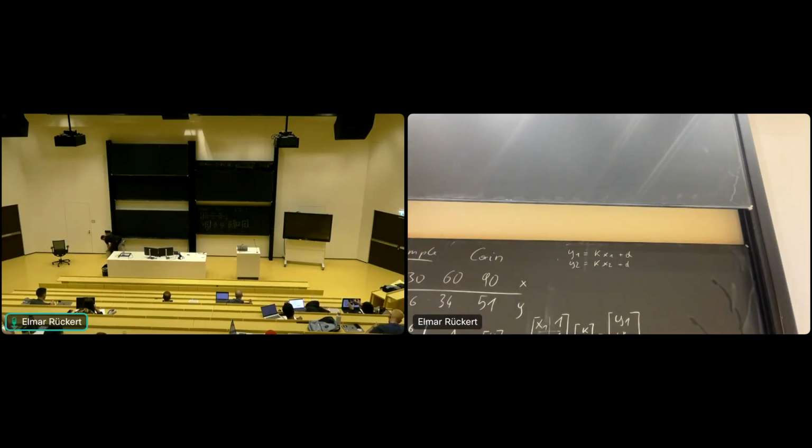Then let's solve that equation system here. Oh, we still have a blackboard. That's nice. How do I compute k and d now? What can I do? I know my system. So my model is given by y, the vector, is given by A times k and d.